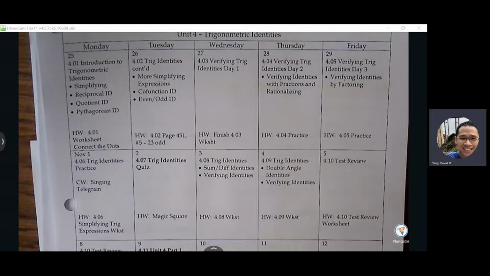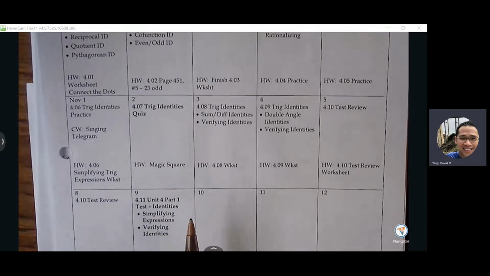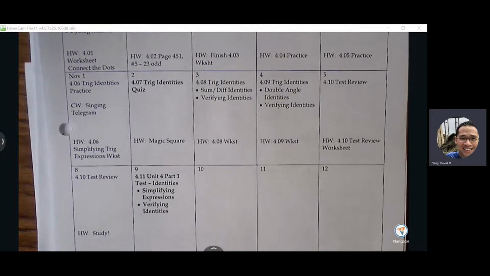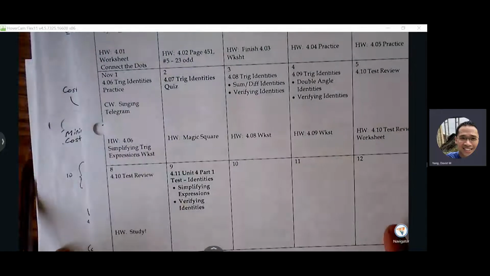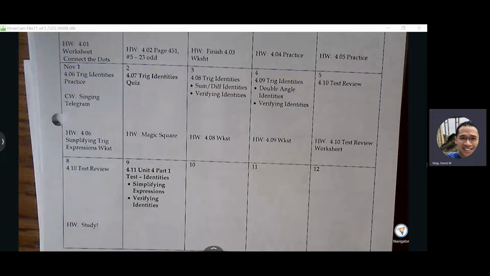So we'll definitely have Monday as a review day, next Tuesday being the quiz, and then the following Tuesday will be our Unit 4 Part 1 test. So Trig Identities, it's kind of a long unit, so we're splitting it into two subunits.